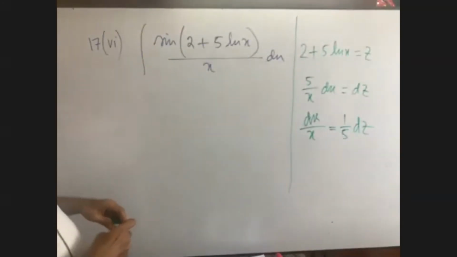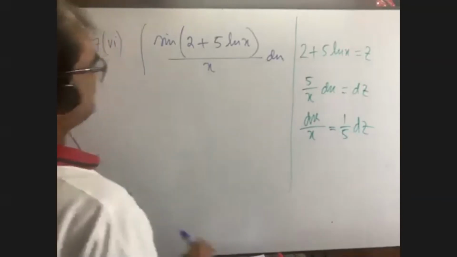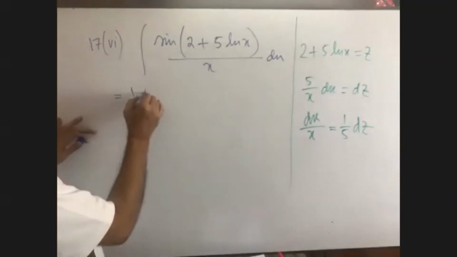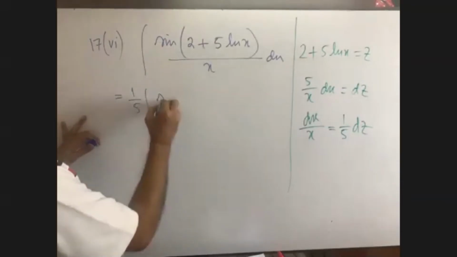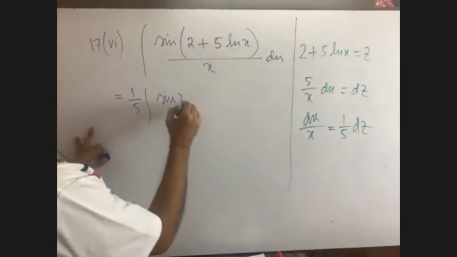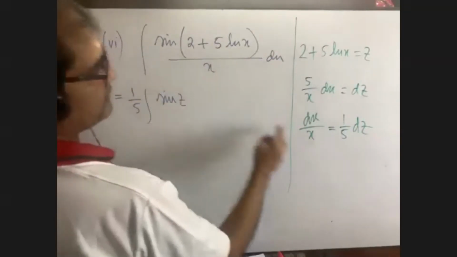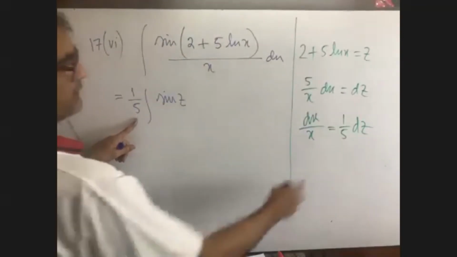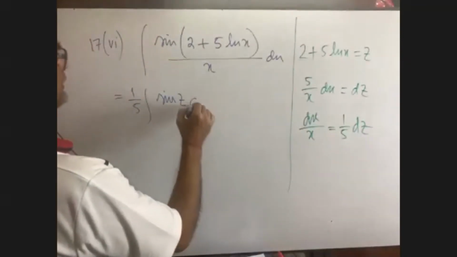Now let's put this value. Before that we write down 1 by 5 sine, this is sine of 2 plus 5 ln x equals z, and dx by x equals 1 by 5 dz.